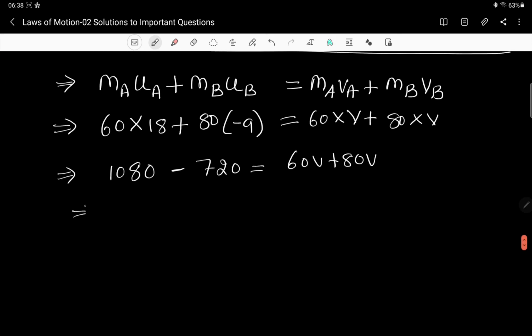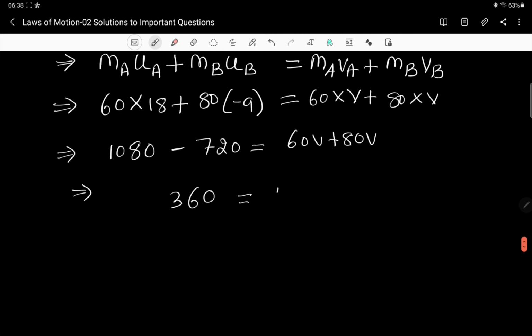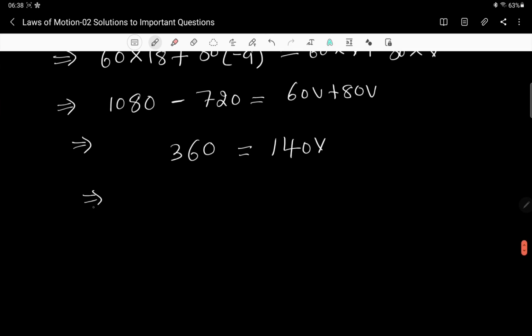Then 1080 minus 720 is 360, correct? So it becomes 360, and that is equal to 140V.